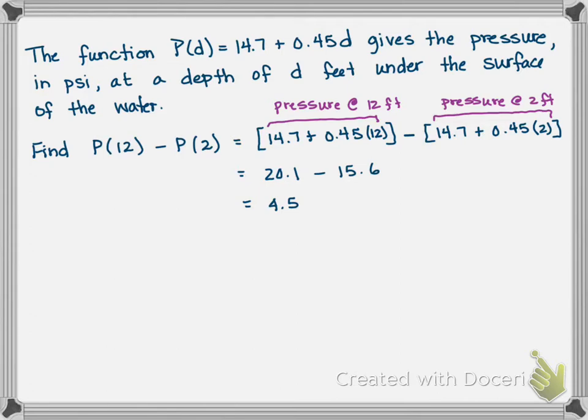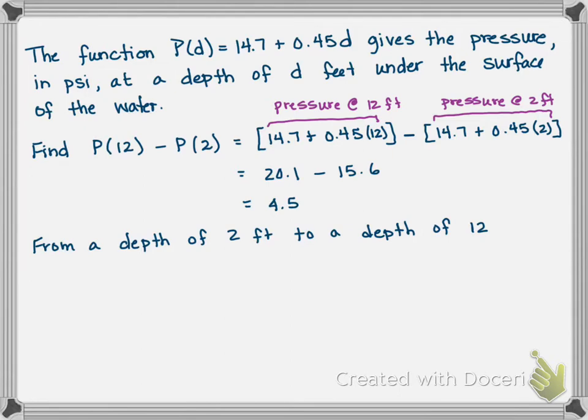The change in pressure as I dive from 2 feet to 12 feet isn't necessarily the same as the pressure at 10 feet, which is in between the two. So what this tells me is that from a depth of 2 feet to a depth of 12 feet, and notice the order that we're using there, right? Because the thing we start with in the calculation is our ending point in practice.